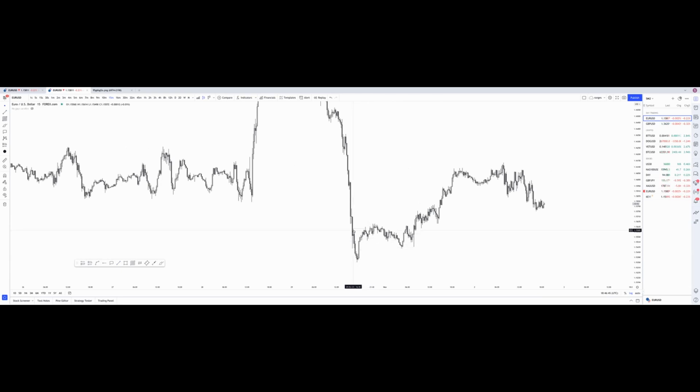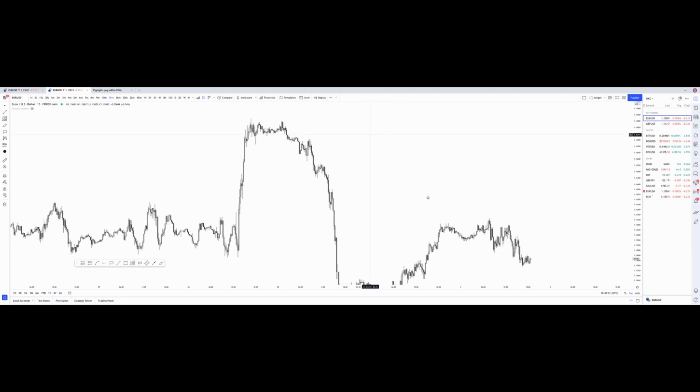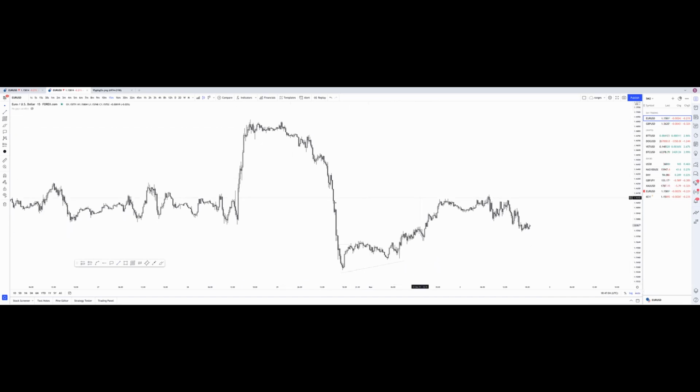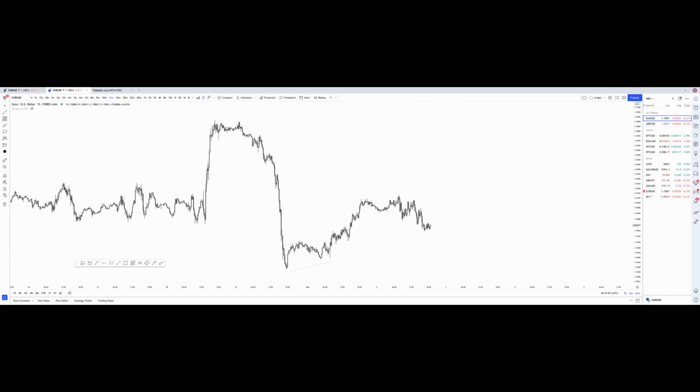Well, look at how it's formed. It forms really aggressive. Now this whole low as a whole has not formed well because we kept testing it, so now we formed liquidity. If this was going to continue up to take out these highs, which is possible but unlikely, this should have just pinged off like this and started mooning straight towards it.